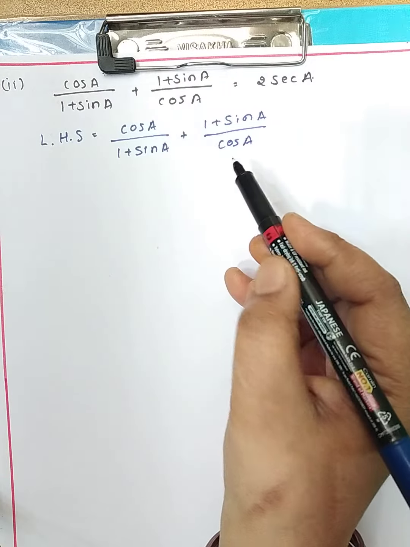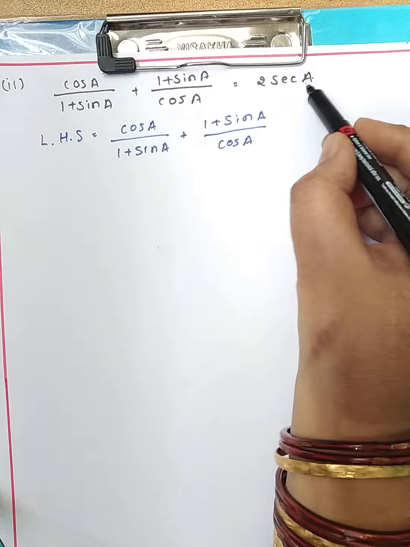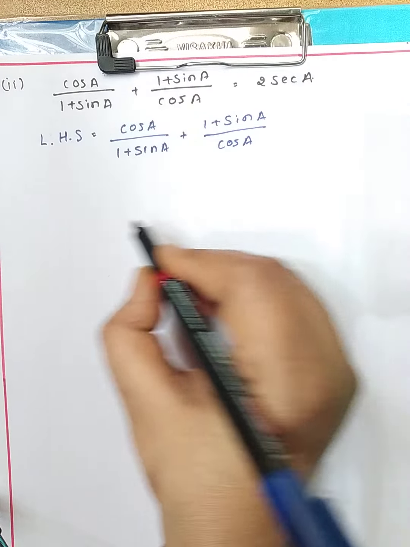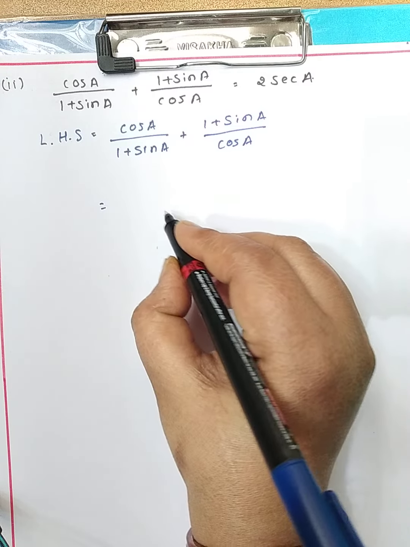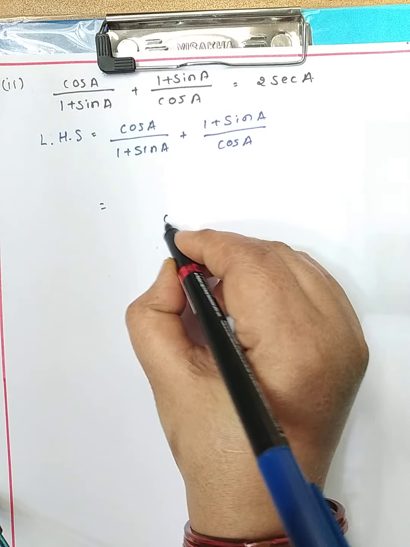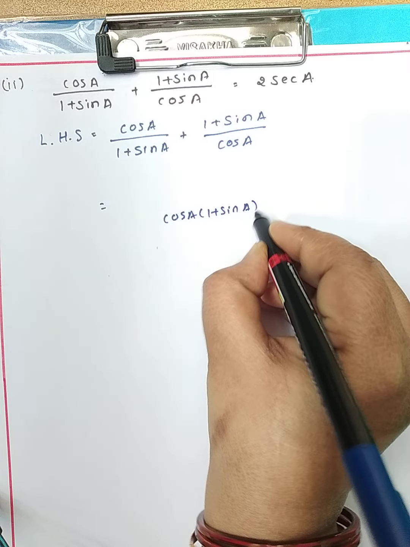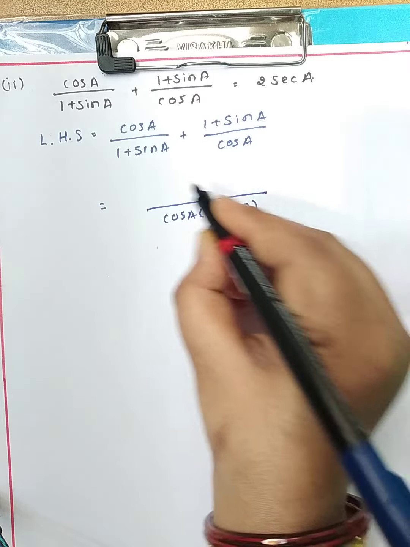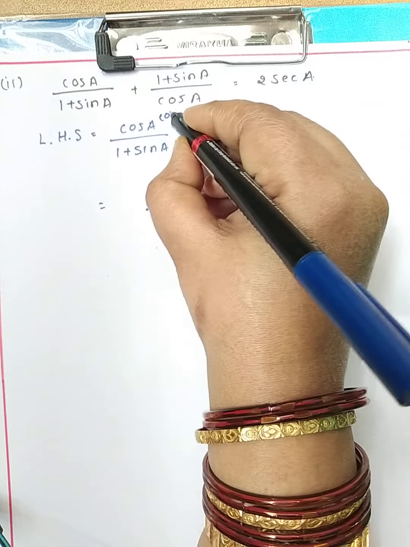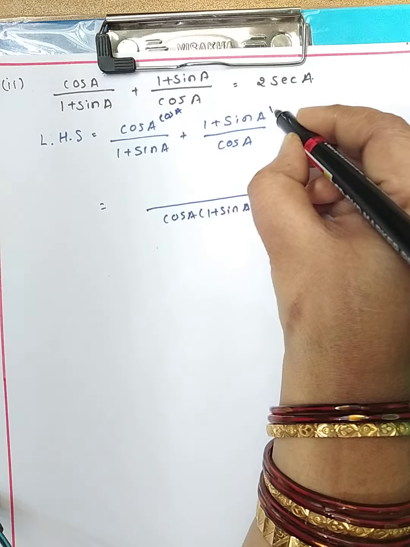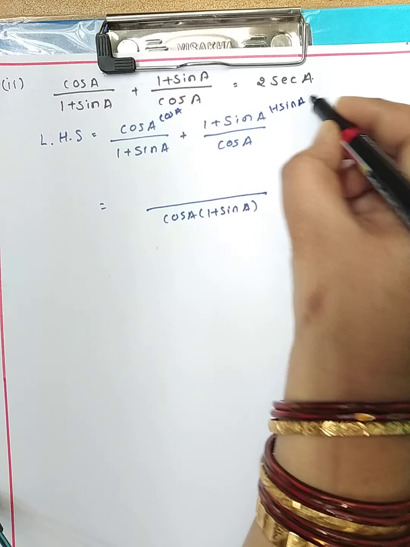We will simplify this one and we will get the result as 2 sec a. Now take LCM. LCM is cos a into (1 plus sin a).